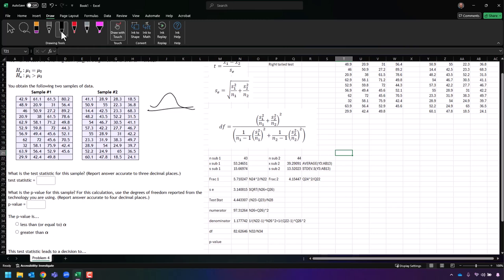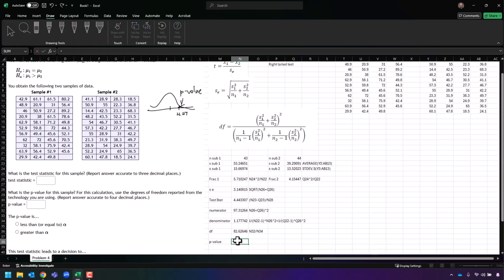I know it's ugly. I got my test stat here, say it's 4.44. I'm looking for this area to the right. This is my p-value. Now it should be pretty small because it's right-tailed.